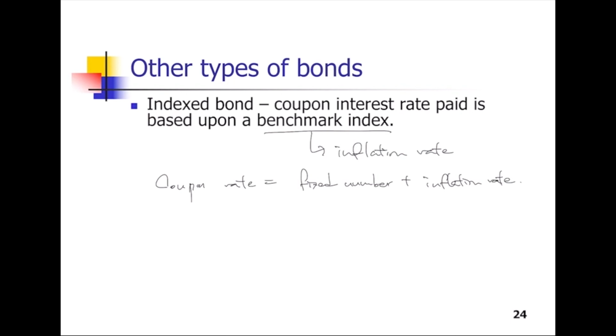So that is a very safe financial asset. You don't have to worry about some part of the maturity risk. When interest rates change with inflation, index bond coupon rates also change. So it gives a hedge for inflation.